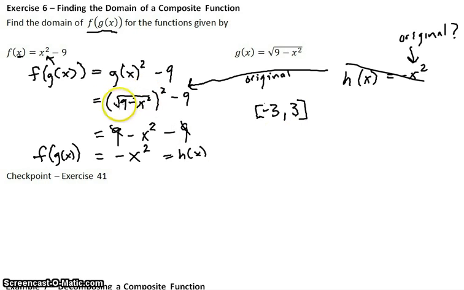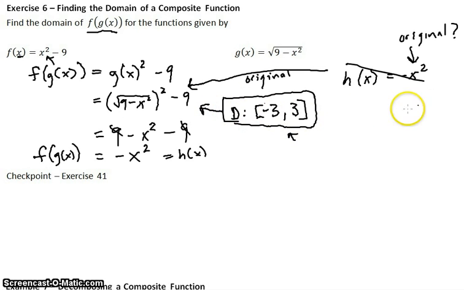And that's the only restriction that you have for this. So your domain is from -3 to +3. A lot of times people take a look at what you get after you simplify it and say, well, what's the domain of that? But what you really need to do is look at what really was done before you do any simplifying.